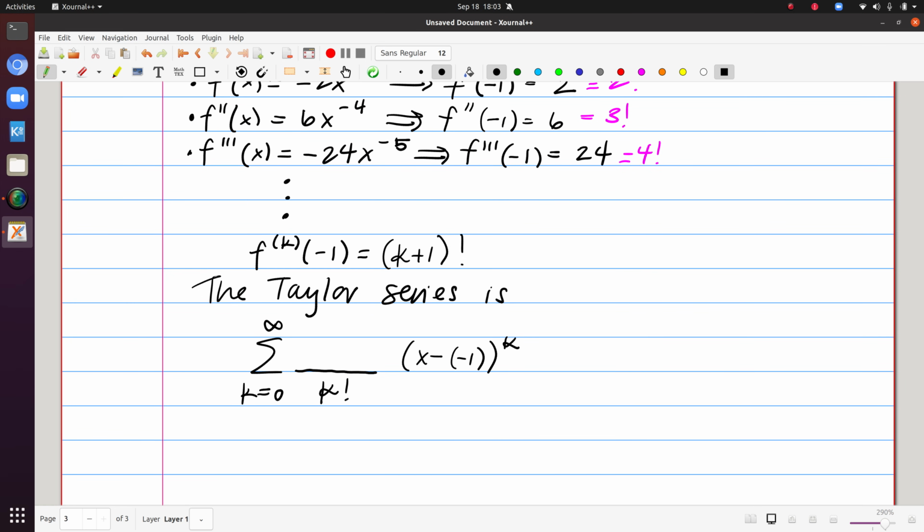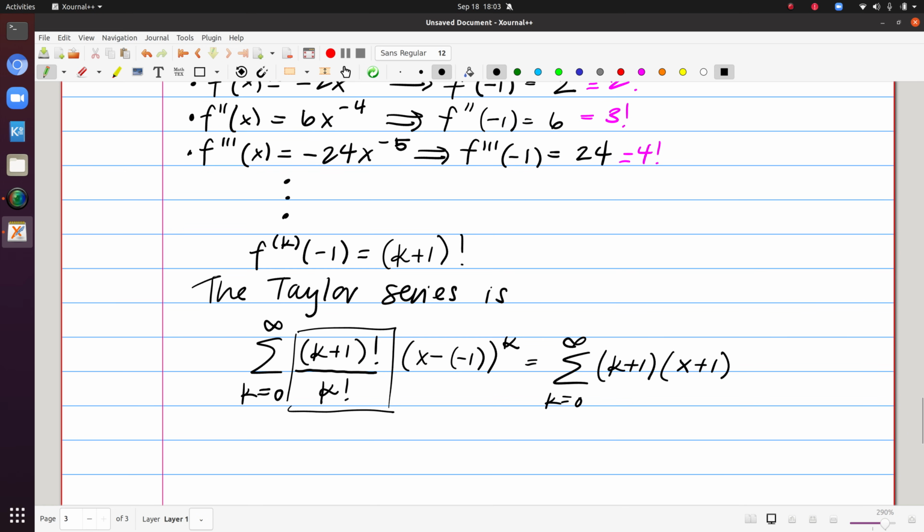What I have to substitute in here in the numerator is what we found the kth derivative evaluated at -1 to be. We found that was k plus 1 factorial. Plugging this in and simplifying, k plus 1 factorial divided by k factorial is just k plus 1. Likewise, x minus a, which is x minus -1, I can write as x plus 1 to the k.